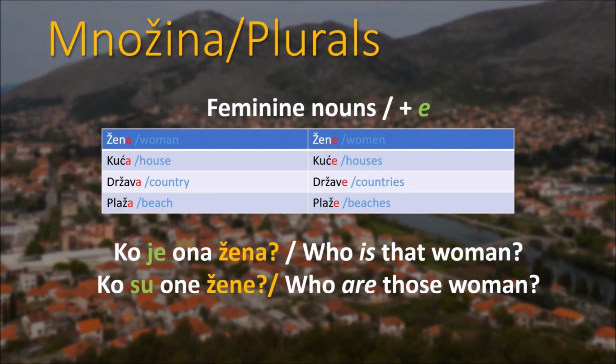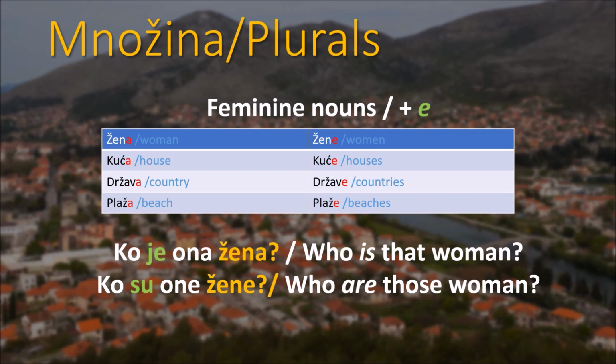Now let's take a look at množina, or plurals, for feminine nouns. For feminine nouns in Bosnian language, it's very easy to make a plural. You just simply change the a at the end to e. I have 4 examples here. Žena, woman. Žene, women.